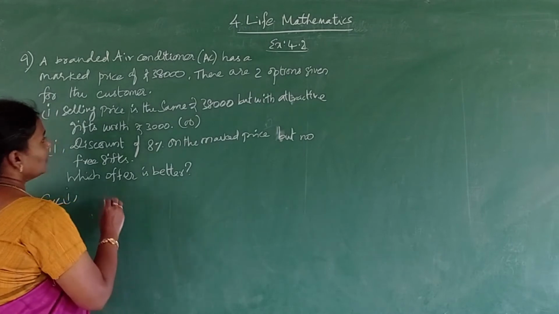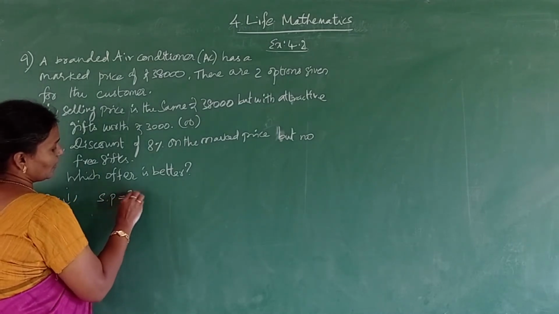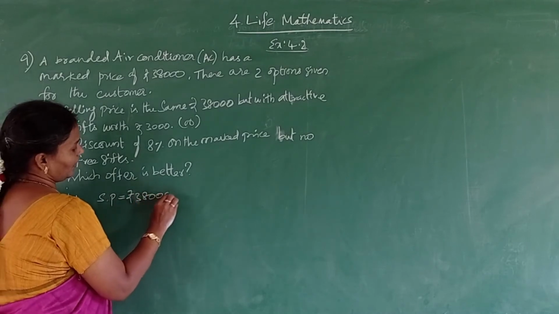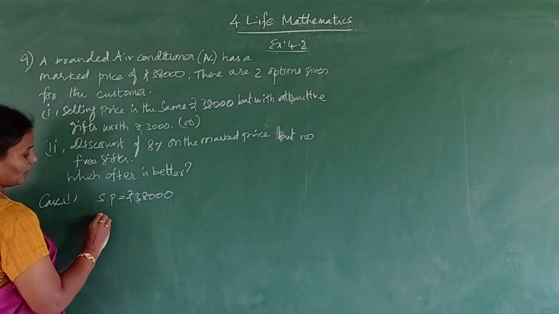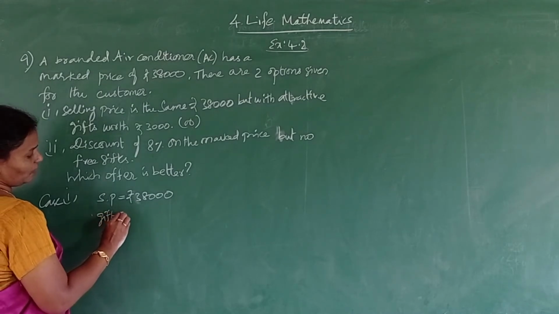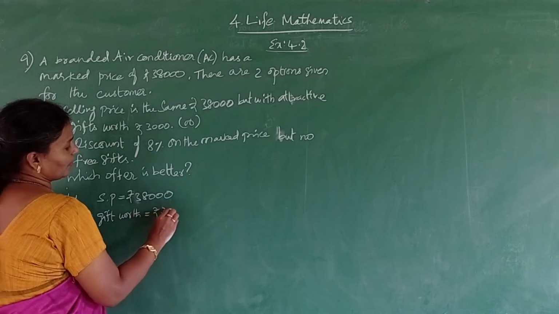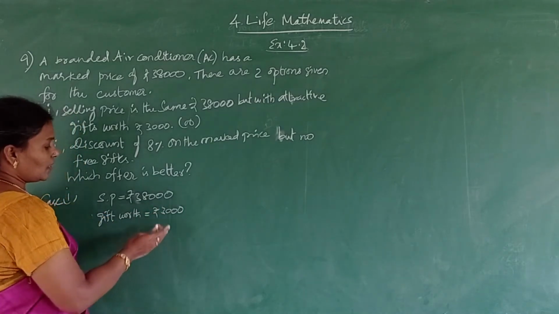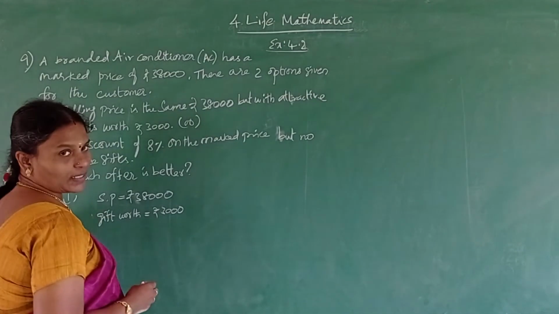So here the selling price is rupees 38,000, and the gift worth is rupees 3,000. So the gift worth is 3,000, which means what is the actual selling price?